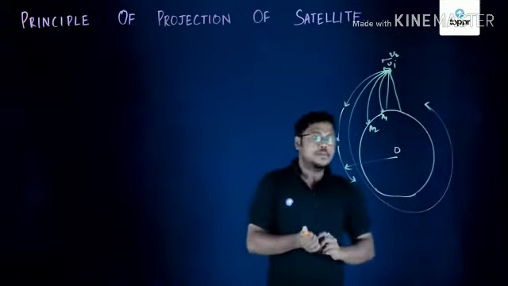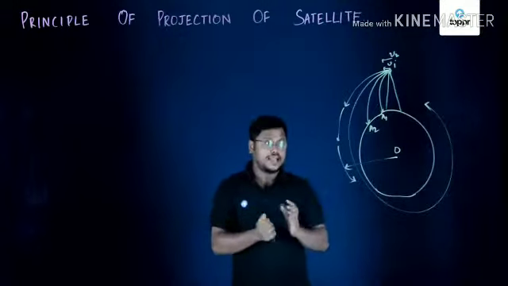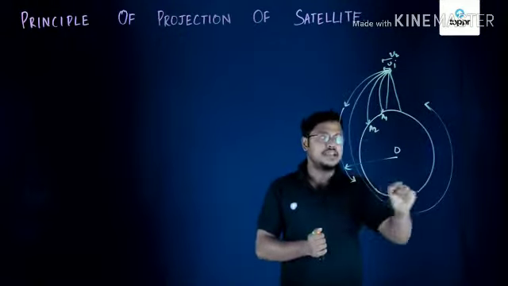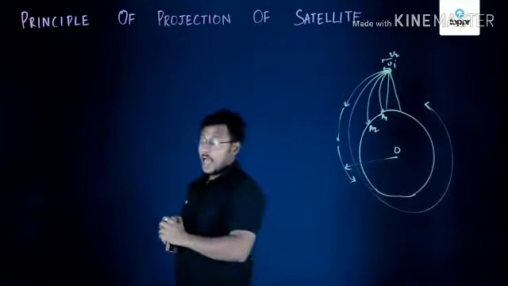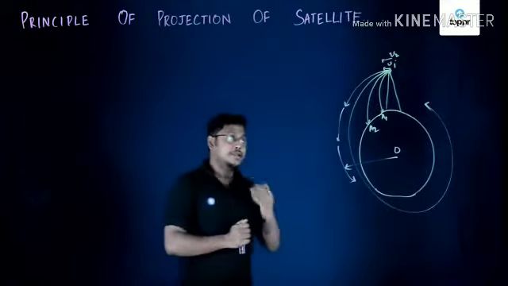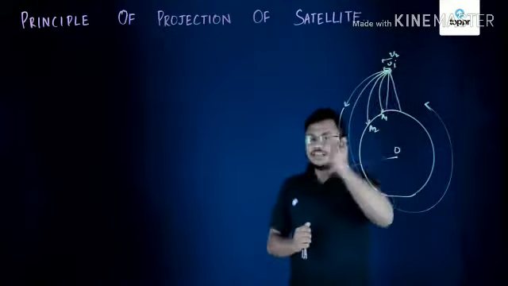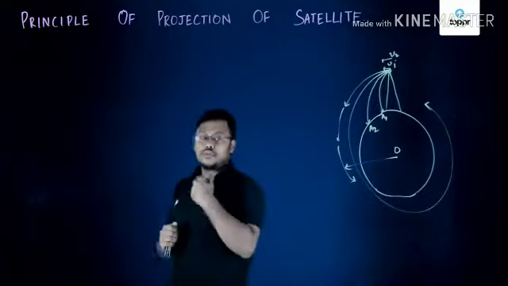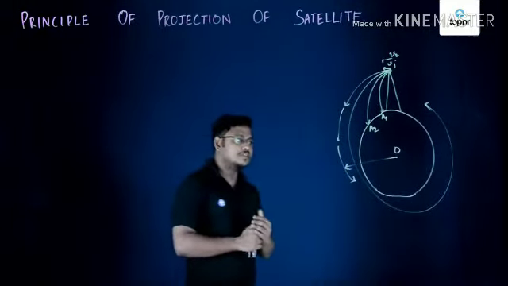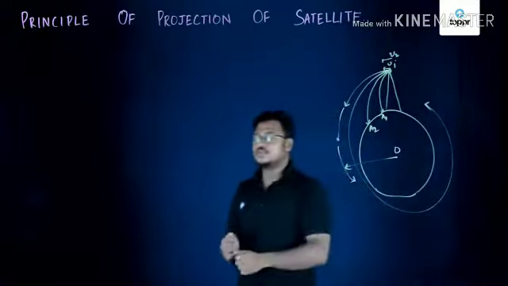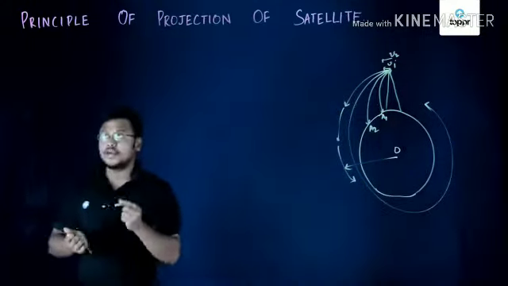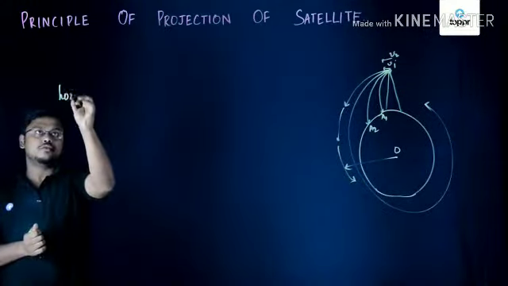Suppose we are about to make it revolve very near to the surface of the Earth. It depends on your horizontal velocity how far from the surface or the center of the Earth the satellite is going to revolve. So your horizontal velocity will decide.